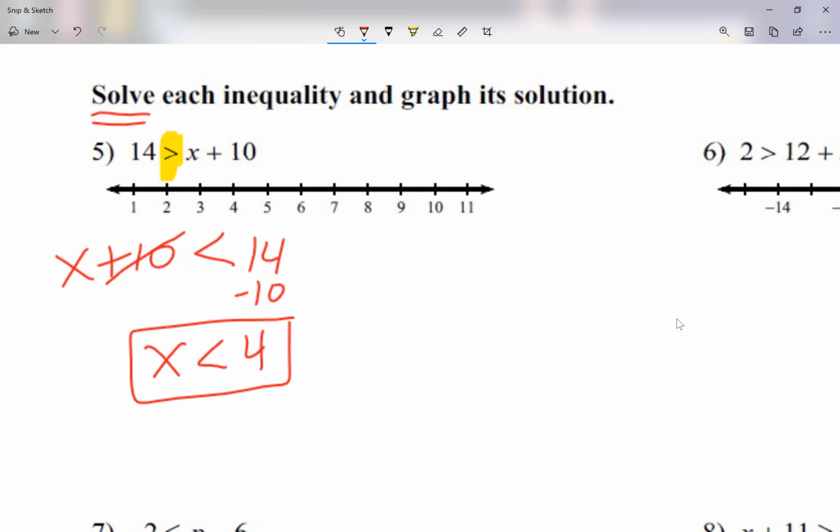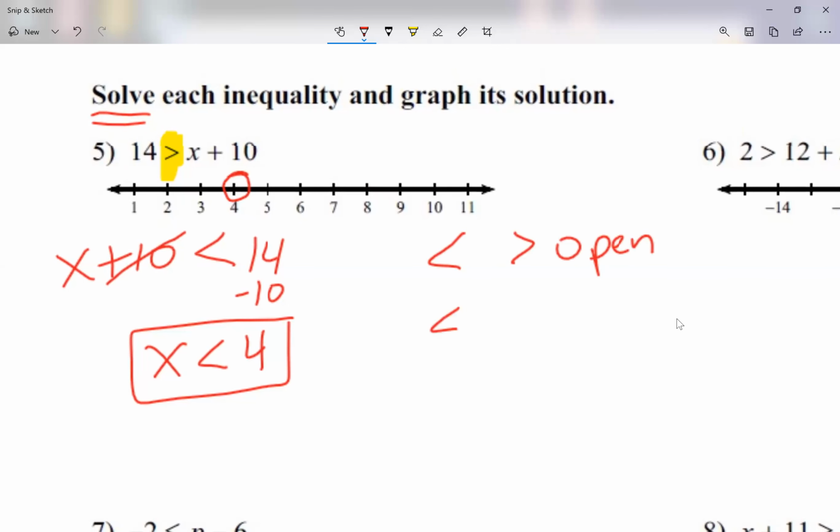Now, when I ask you guys to graph this, I'm going to look at my graph. So I'm going to use the graph. I'm going to circle 4. That's going to be an important number, 4. I'm going to circle it. If my inequality sign has just the less than or greater than, I leave my circle open.